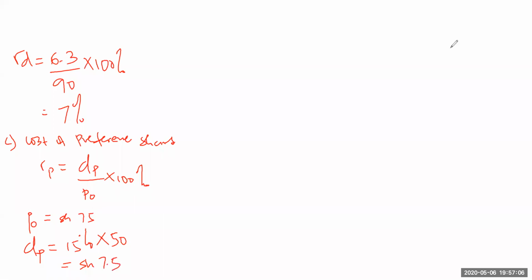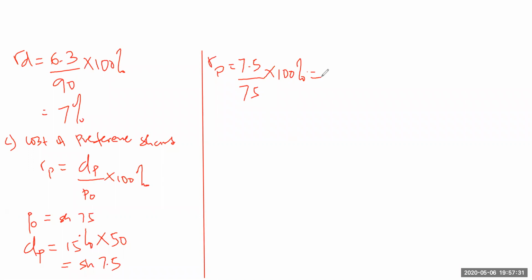Therefore RP is going with the dividend 7.5, and we divide by the market value, which is 75, and we express this as a percent to give us 10%. And that's how we determine the cost of preference share, 10%.